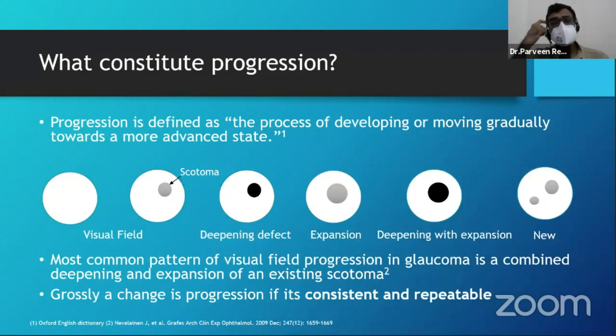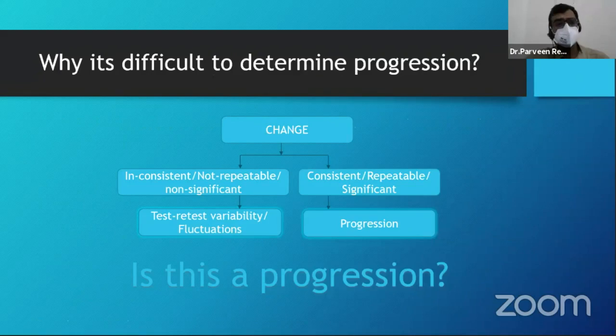Because these changes are not always consistent. The change we see in the subsequent fields from the baseline is either not repeatable, not consistent, or not significant on the statistical test. Such changes are known as test-retest variability or fluctuations.